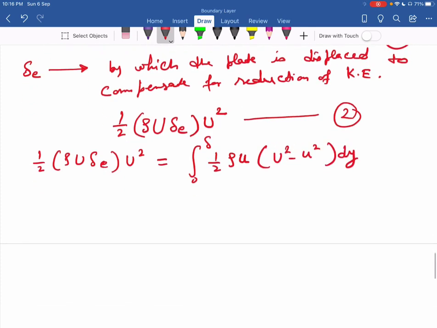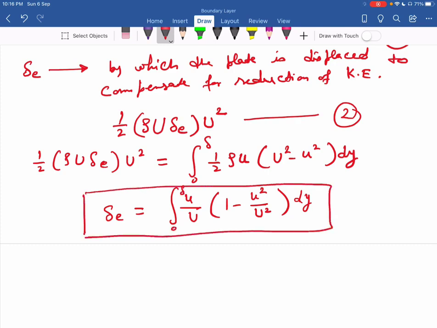So now from here I can write delta E, that should be equal to the integral from 0 to delta of u upon capital U into (1 minus u square upon capital U square) dy. So this is the formula for energy thickness. Okay, so these are the 3 formulas for determining the boundary layer thickness. Okay, thank you.